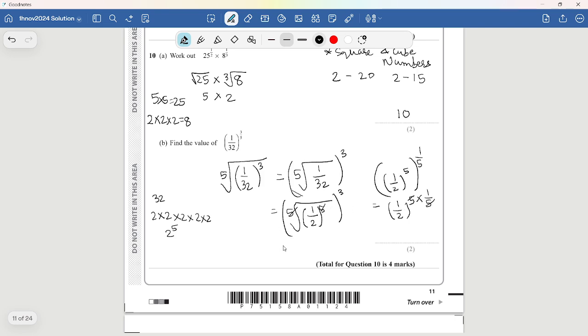So you get 1 over 2 finally, but with the power of 3. Half cubed means half times half times half, which is equal to 1 over 8 as the final answer.